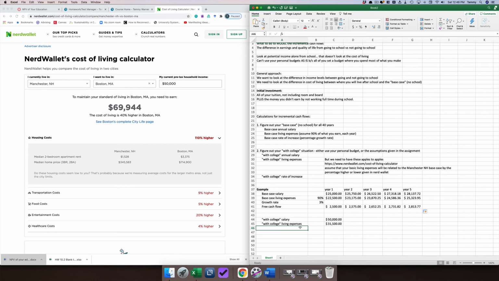So here, let's see, we got to grow our salary. And whatever that percentage was, I can't remember. We'll say it was 4% increase a year. So the salary in the second year is going to be 4% higher.